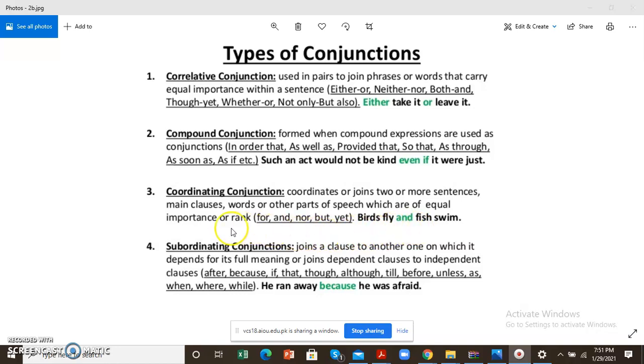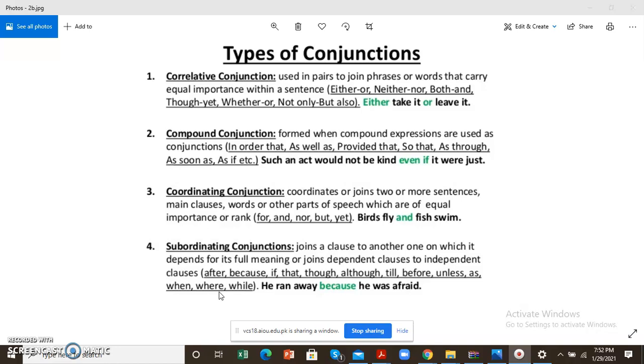So let's have a look at the subordinating conjunction. It joins a clause to another one on which it depends for its full meaning, or joins dependent clauses to independent clauses. Okay, so let's have some idea about it. With independent clauses, what do you use? After, because, if, that, though, although, till, before, unless, as, when, where, why.